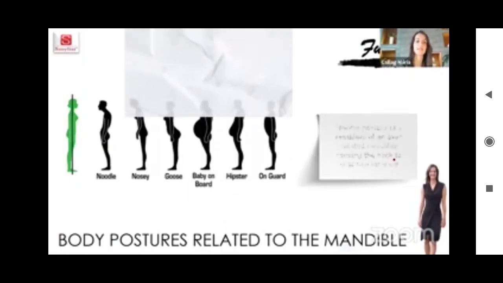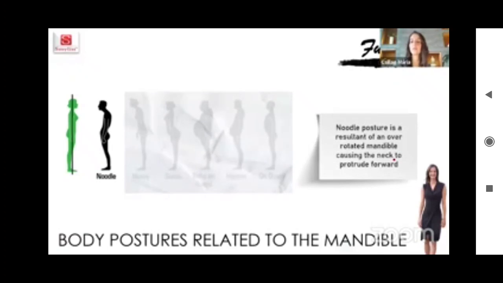For example, if you look at this nosy posture, it is a result of an over-rotating mandible, causing the neck to protrude forward. And you can see the jelly belly starts immediately. So if the patient has a jelly belly, even if the patient is very small, it's funny what I'm going to tell you, but you can immediately know that this patient has an over-rotating mandible.